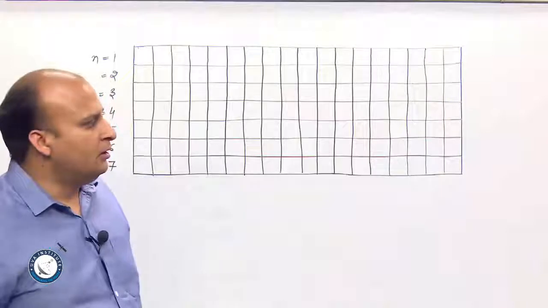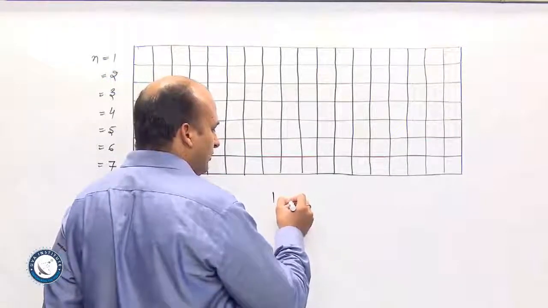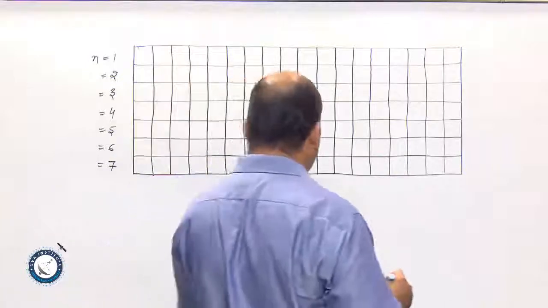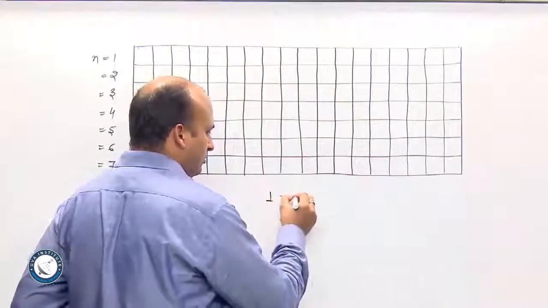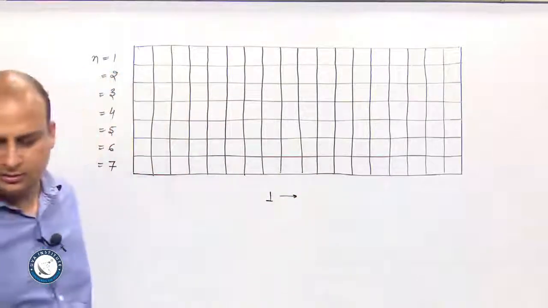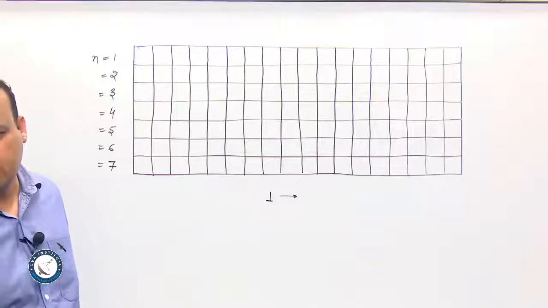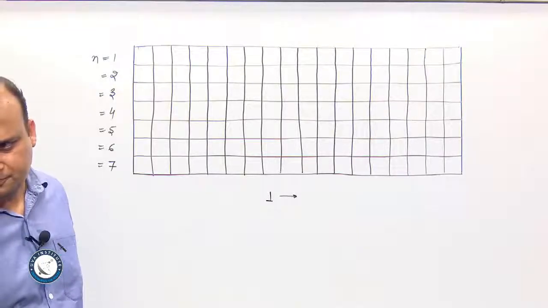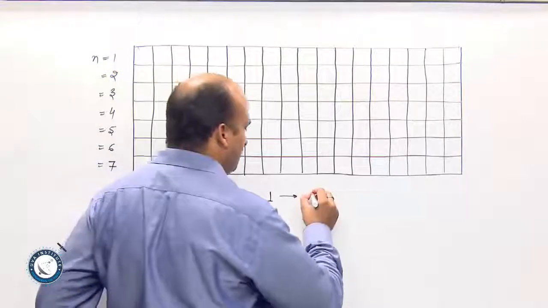So now I would like to ask, what is the electronic configuration of atomic number 1? Can you guys tell me the answer? Very good. The answer is 1s1.